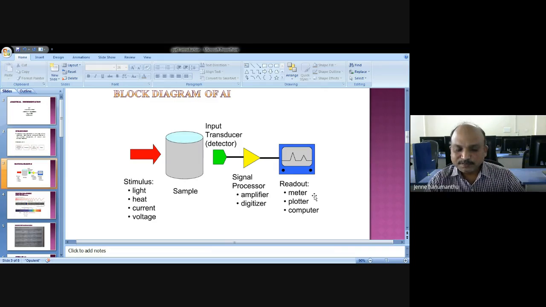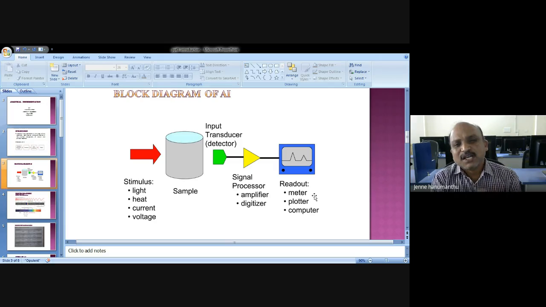Sometimes digital CROs, sometimes spectrum analyzers. So what are these? These all come under plotters. Sometimes computer-based results.